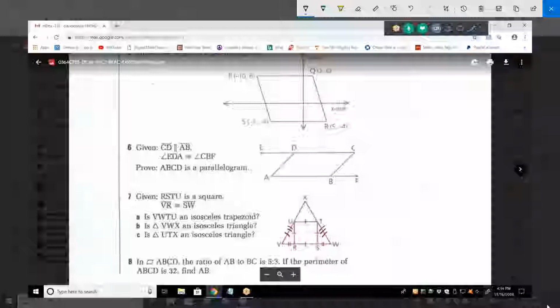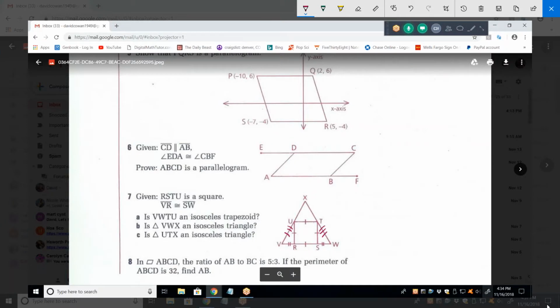Excuse me. Is triangle VWX an isosceles triangle? If the triangles on the bottom are congruent and the square is a square, then it should be an isosceles trapezoid because VX... Hold on, we're looking for an isosceles triangle for this shape.